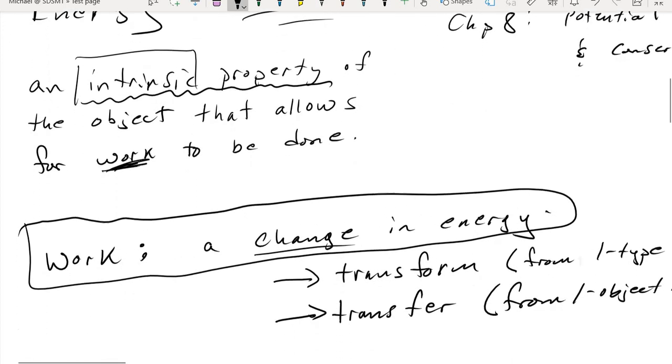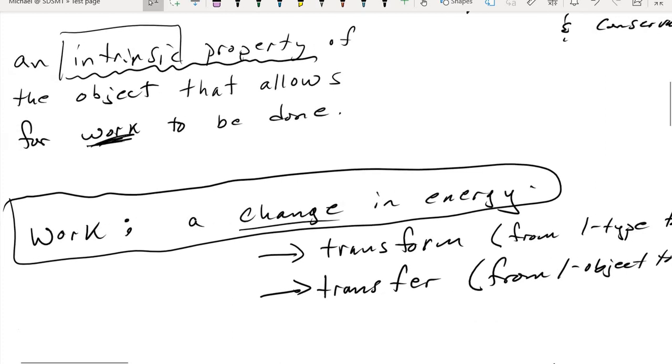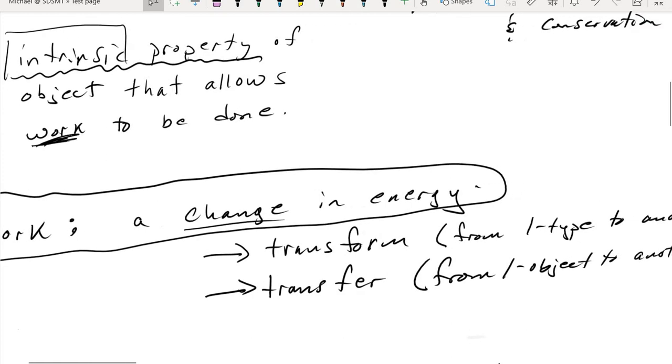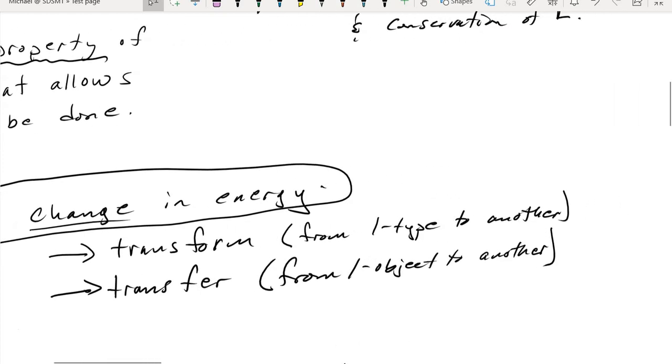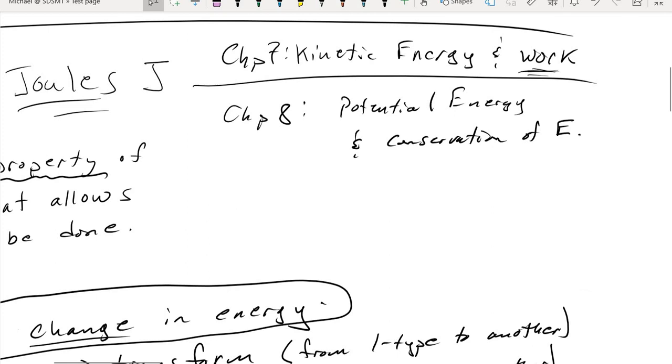But along with that basic definition for work, a change in energy, it's worth mentioning that there are two different ways that energy can change. One way is to transform the energy from one type to another. And as we saw up here, we already have two different types of energy that we're going to be exploring.